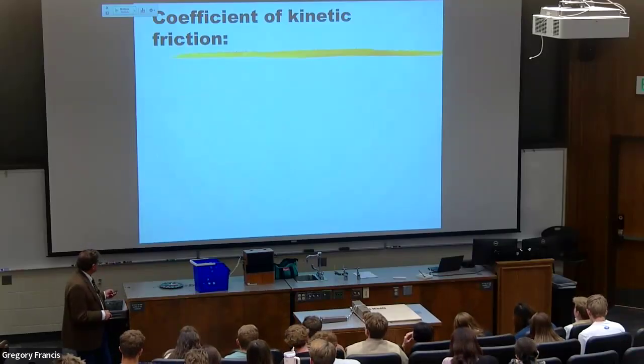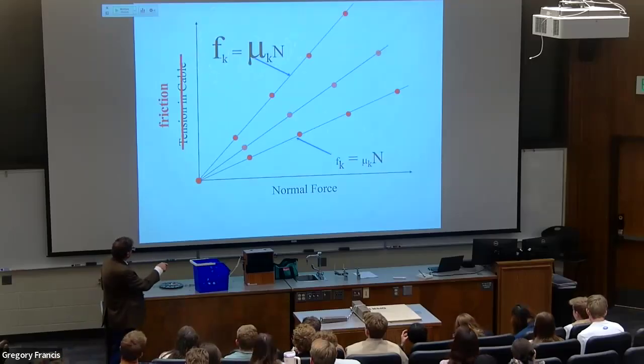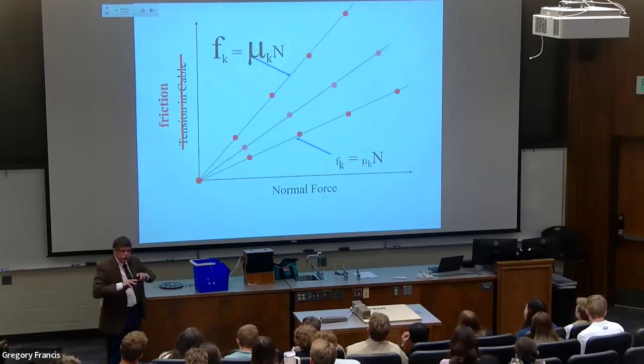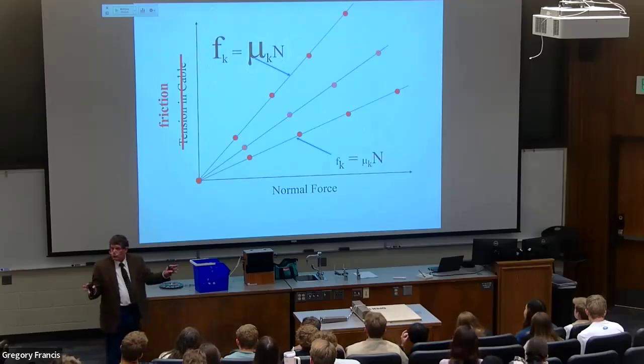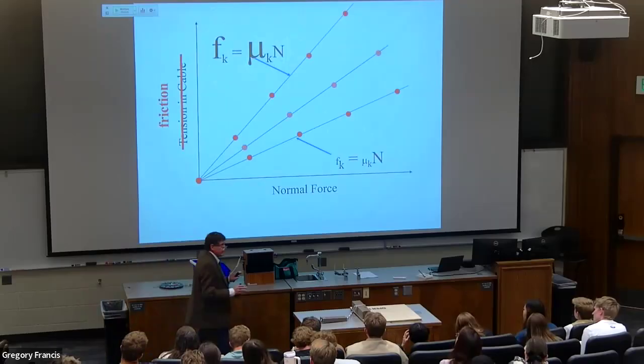If I go back to that equation, friction is a force. That's in newtons. The normal force is a force. It's in newtons. And that means that this mu sub k is just a pure number with no units whatsoever. It doesn't have any units. It's just a number.